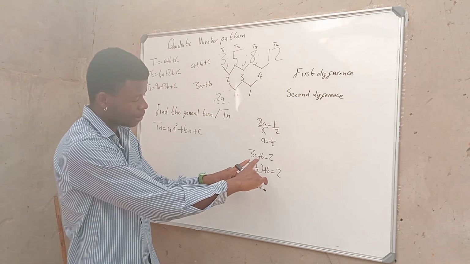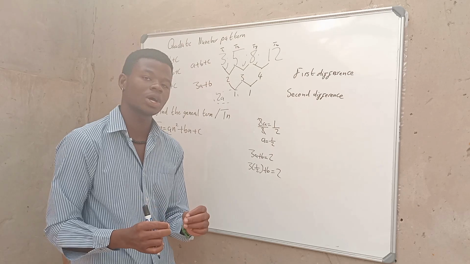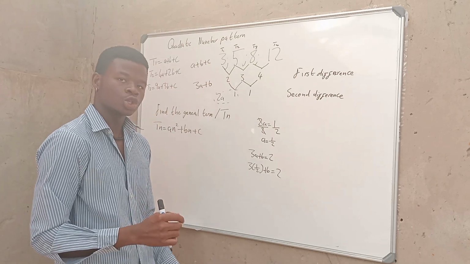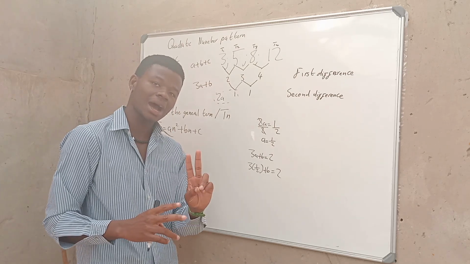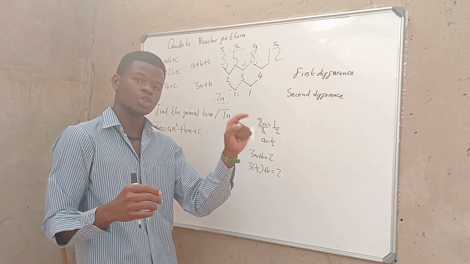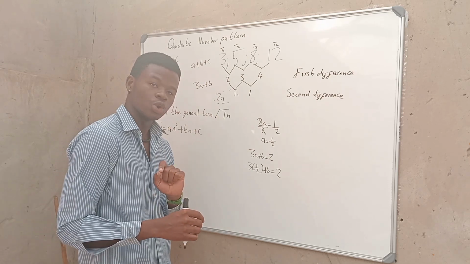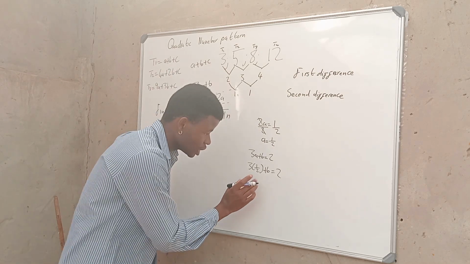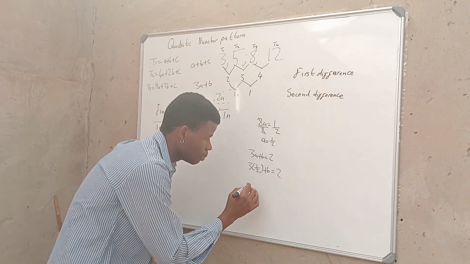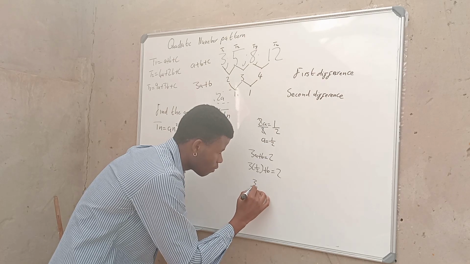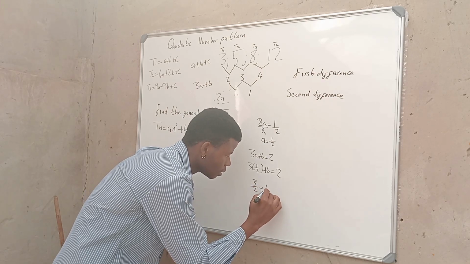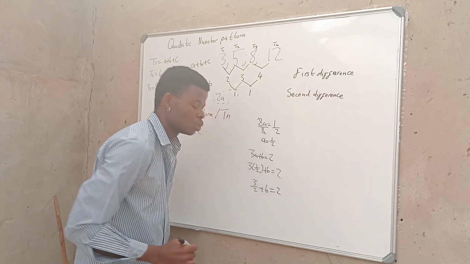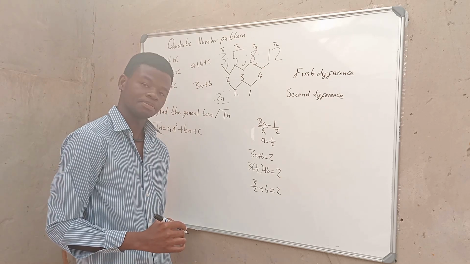So if you see any brackets, these brackets represent multiplication. When two fractions are multiplying each other, it's numerator multiplied by numerator and denominator multiplied by denominator. That is why here the product is going to be 3 over 2 plus b is equal to 2, right?